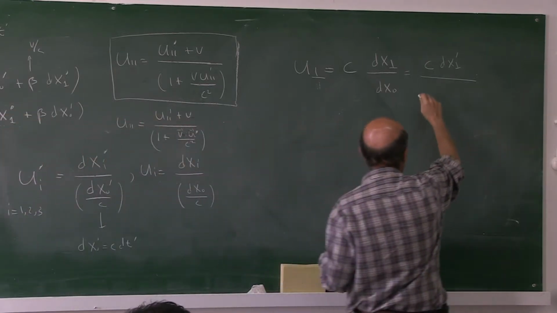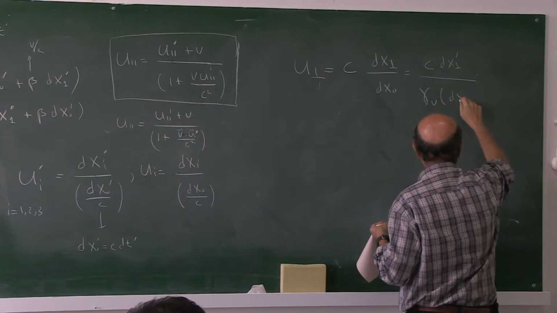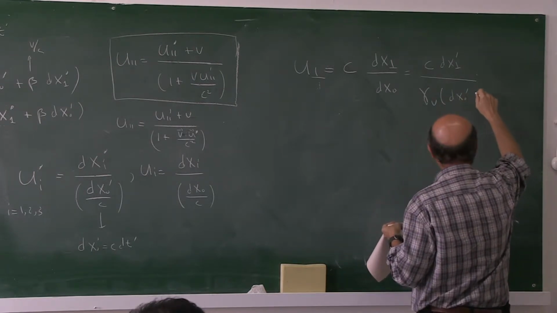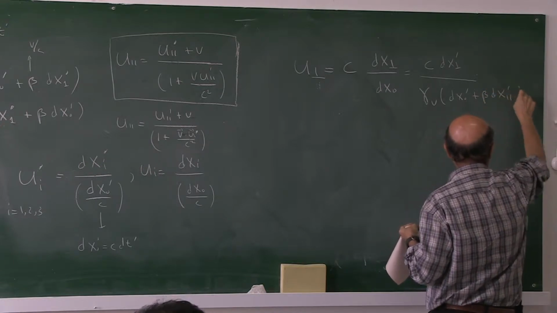That will be gamma times v dx0 prime plus beta dx parallel prime.